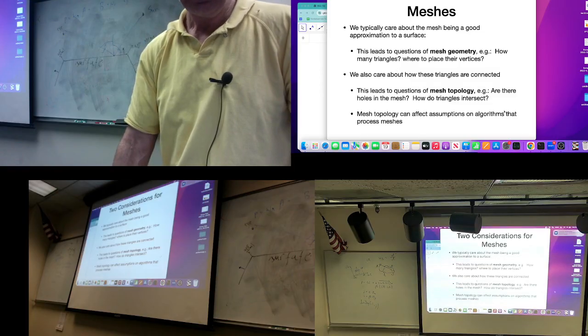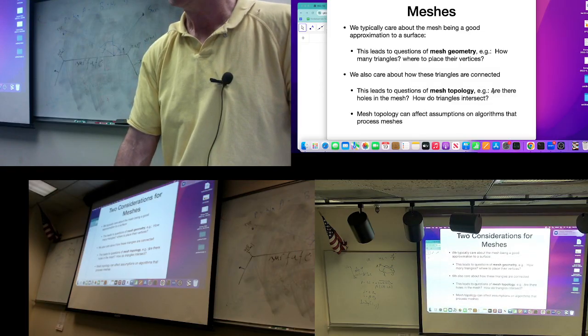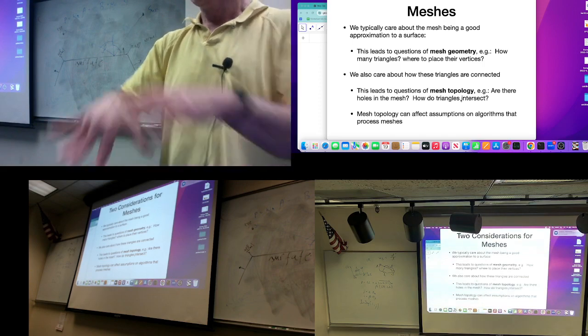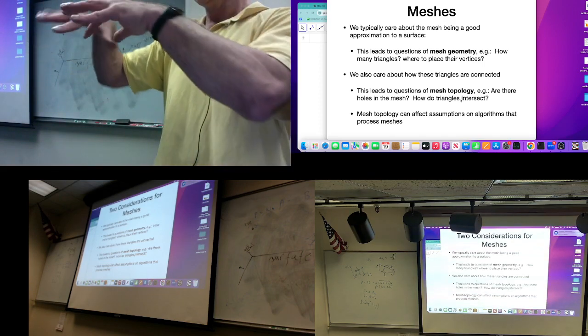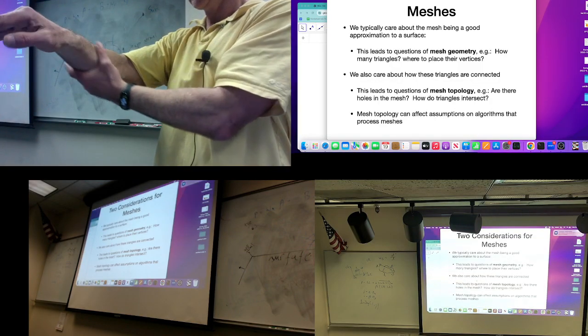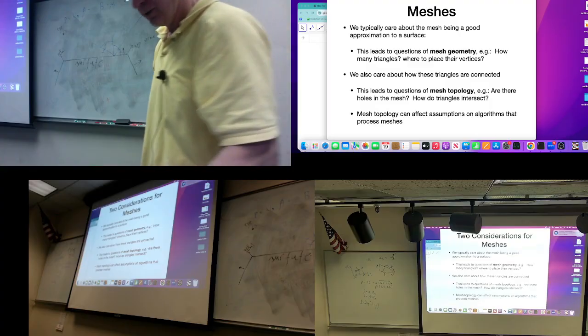Okay, so we cared about the mesh topology, which now asks, are there any holes in the manifold? Hopefully not. Probably suggests that, right, because we want our manifold to be the skin of an object that has a clear interior and exterior.